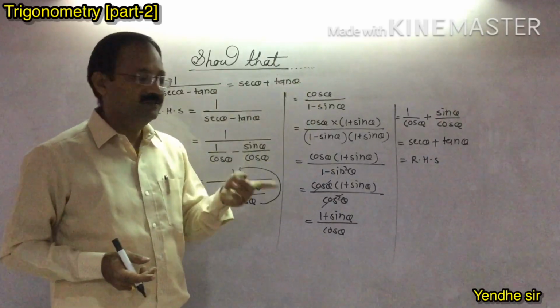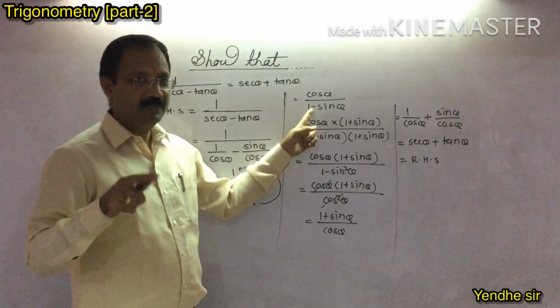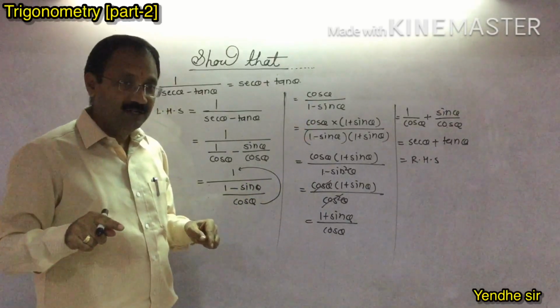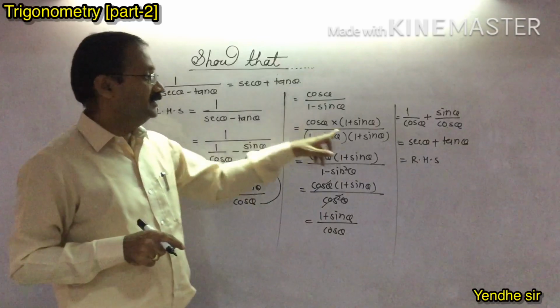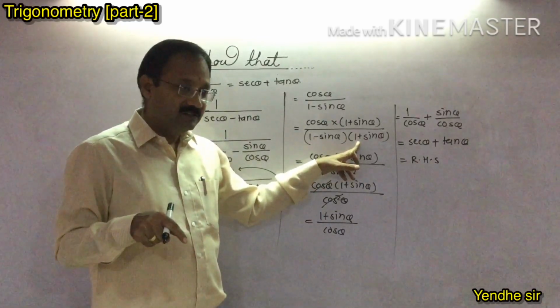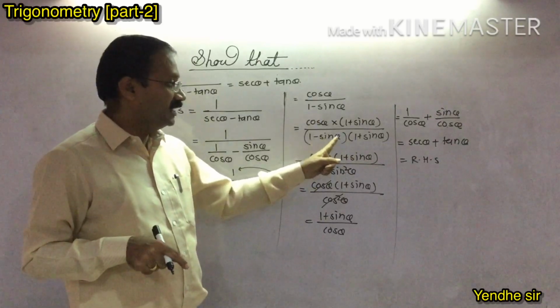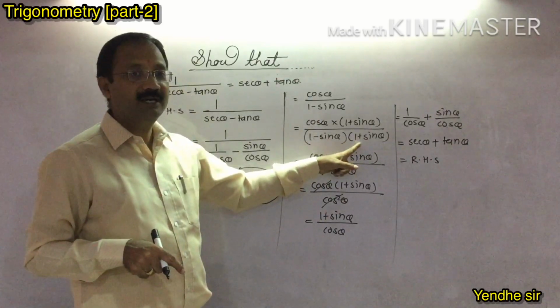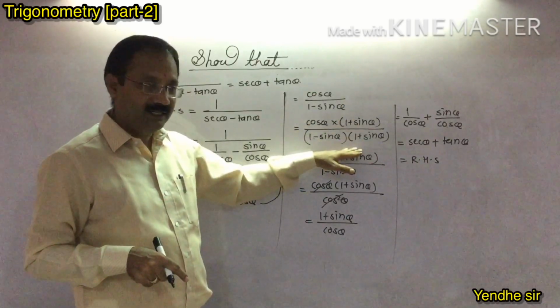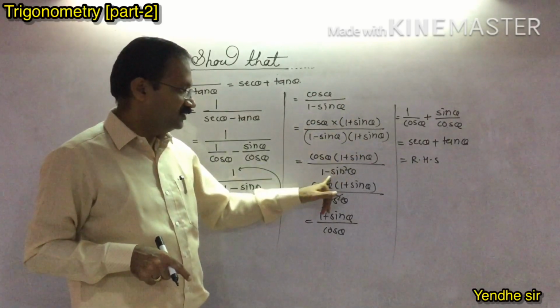So there are two ways. Either you multiply by 1 plus sin theta, or by 1 minus sin theta. You have to see it first. Where will you get the answer? So I have to cancel this one. So I have to multiply by 1 plus sin theta on n also and d also. So I will get this answer.